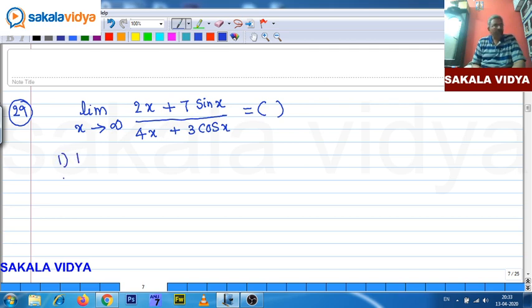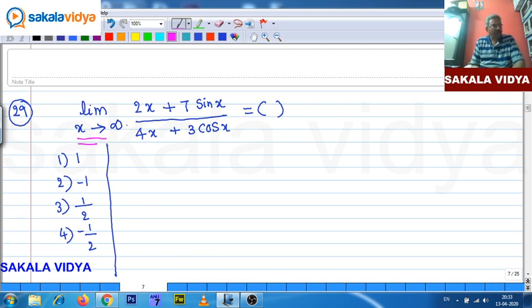First option is 1, increase your volume. Second option is minus 1. Third option is 1 by 2. Fourth option is minus 1 by 2. Okay. So, limit x approaches to infinity, (2x plus 7 sin x) upon (4x plus 3 cos x).